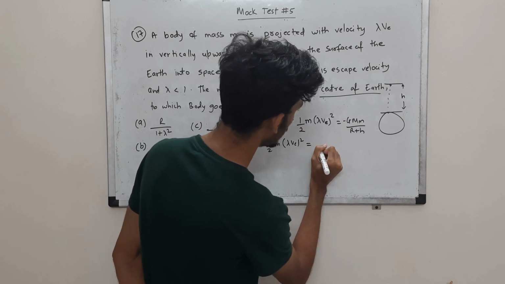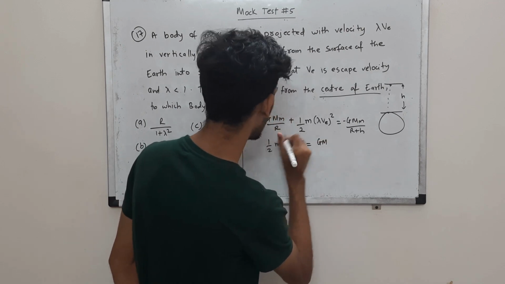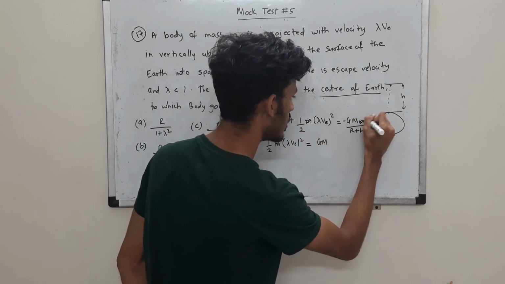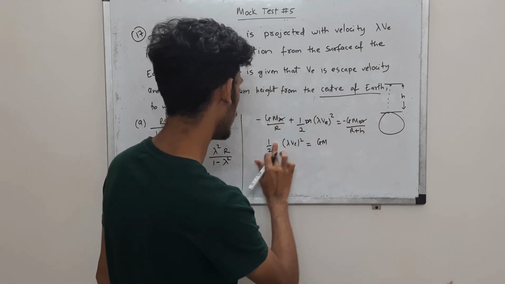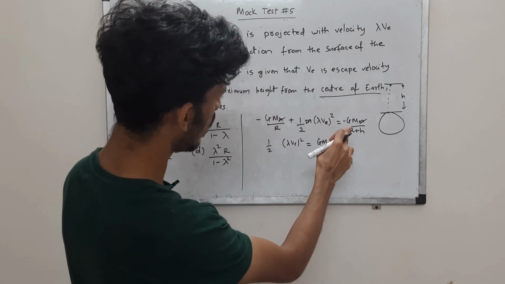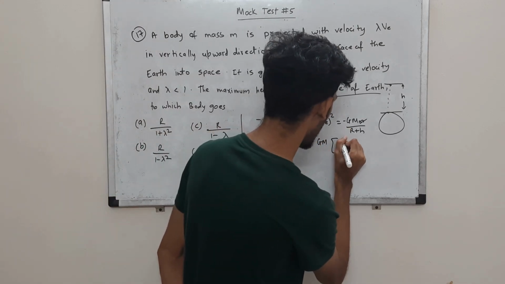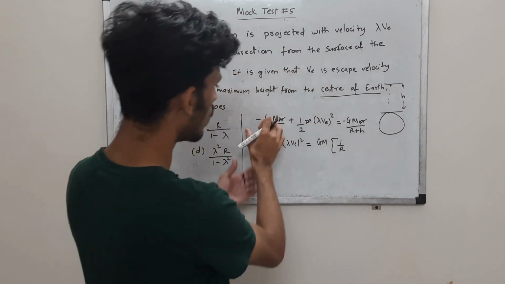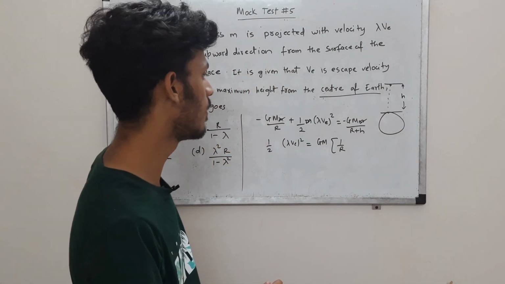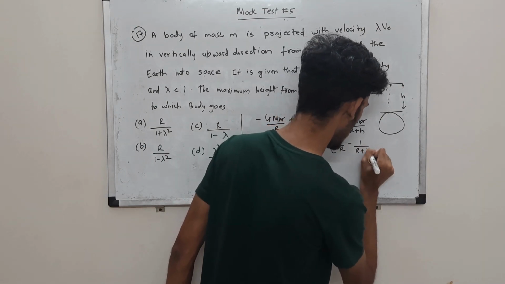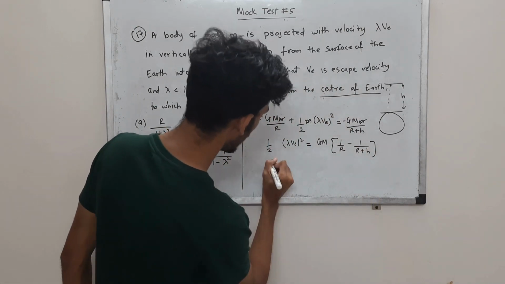Let's take this to the other side. First of all, we can cancel this m throughout. Here we'll have GM common, and we'll be left with 1 by R. If this goes on the other side it becomes positive, and here this stays negative, 1 by R plus h.